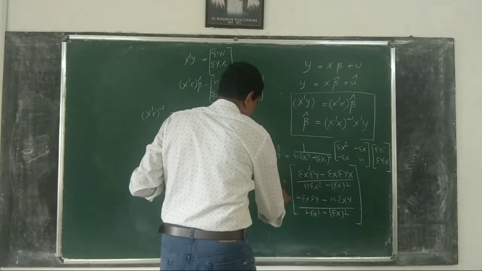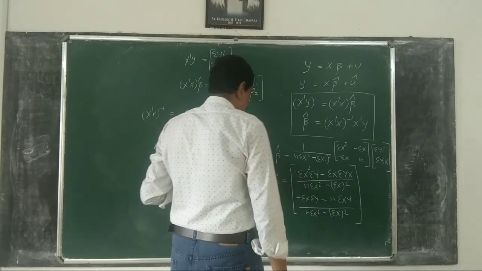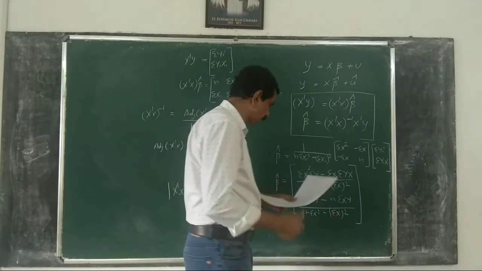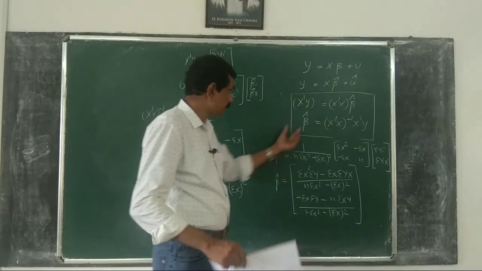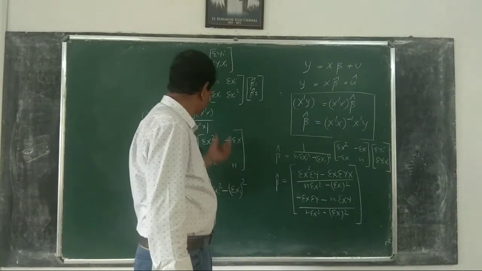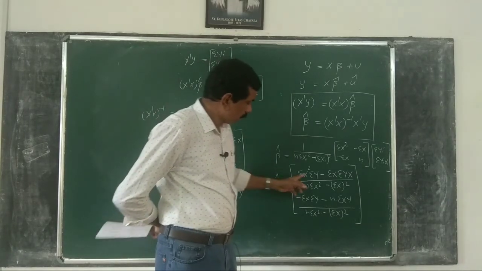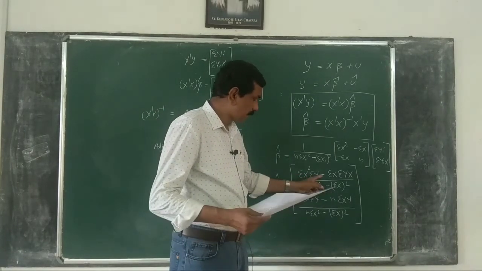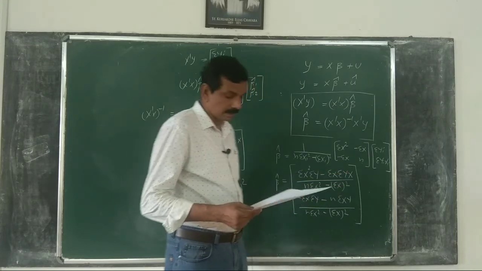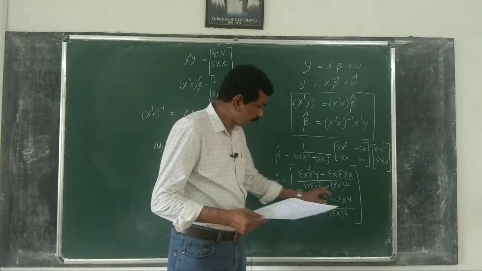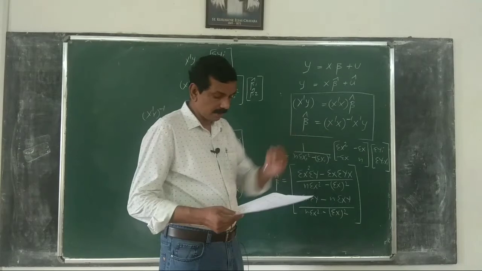That is beta hat. And as you know, beta hat is equal to beta 1 hat and beta 2 hat. So beta 1 hat is sigma x square into sigma y minus sigma x into sigma xy, by n into sigma x square minus sigma x the whole square.